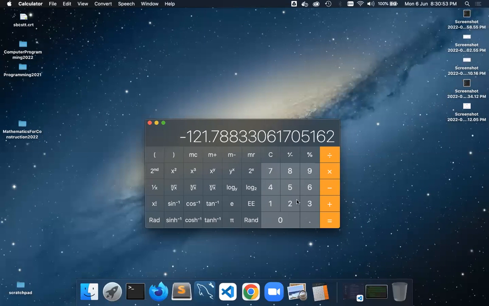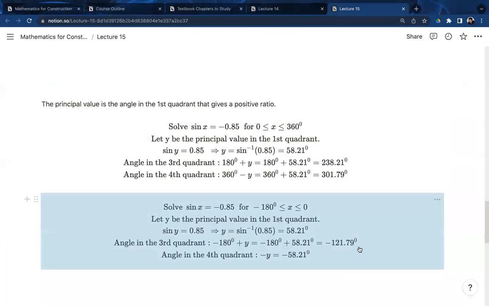Now, if you come here and you find the sine of that, you see, negative 0.85. So we know this answer, right? But it's not the answer a calculator will ever give you. Again, you have to figure out how to use the answer the calculator gives you. Okay?